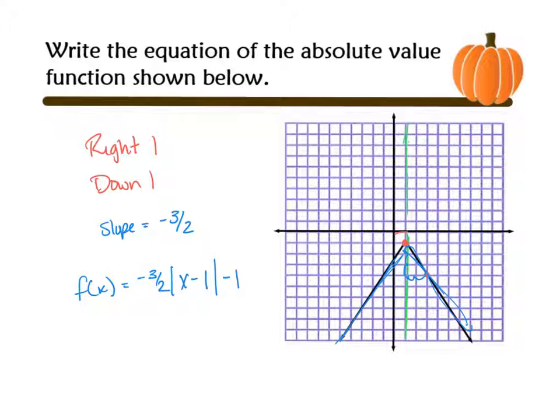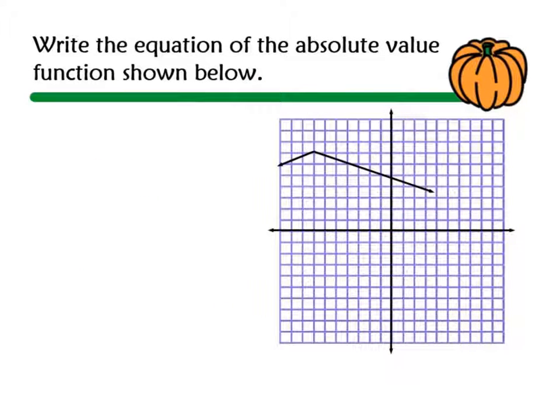All right, last one. Go ahead and mark your vertex and make a note of how it's moving up, down, left, and right. Okay, so I noticed it moved to the left 7 and it moved up 7 as well.